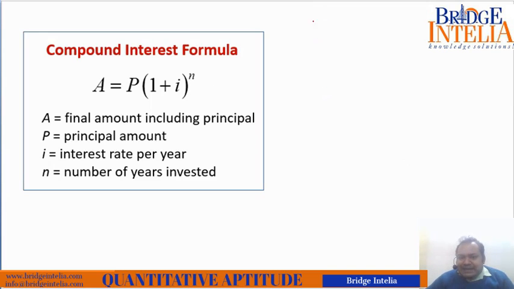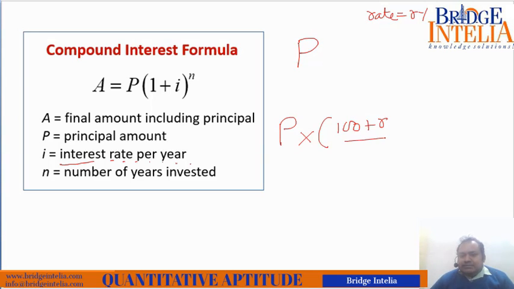So if the bank pays interest at the rate of R%, suppose you have deposited money P in the bank. What does this mean? After 1 year, P will become this much. After 2 years, again, this is the current value up till now, so again the same concept, increase by R%.